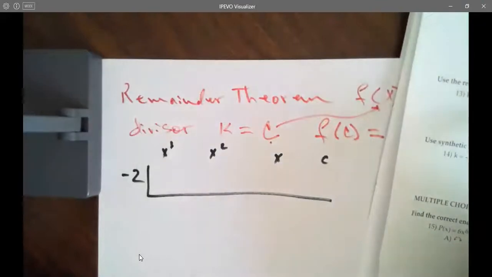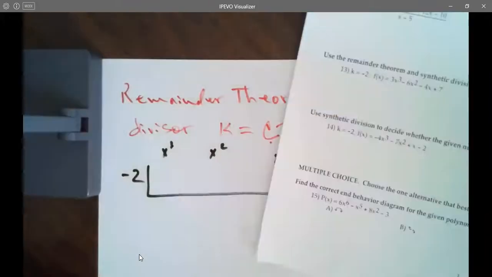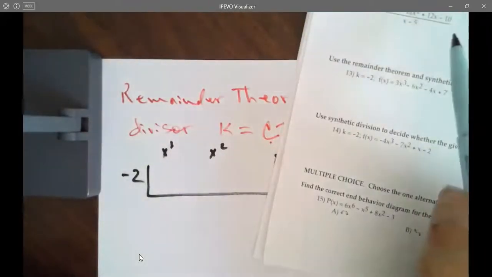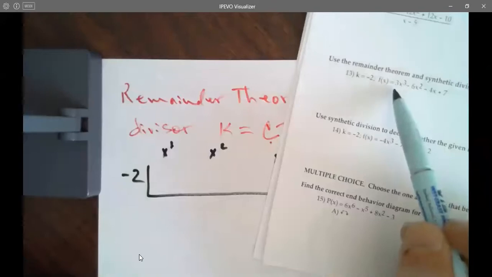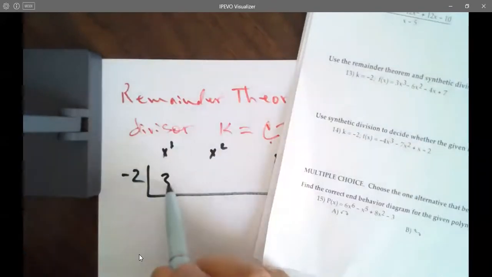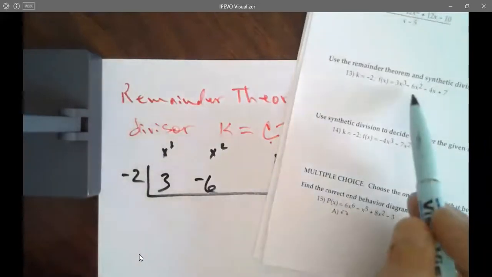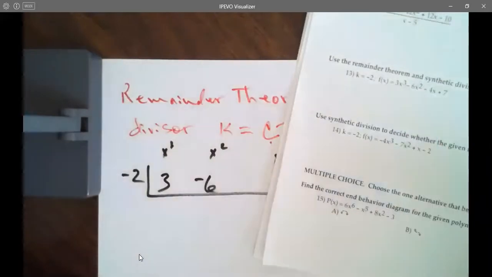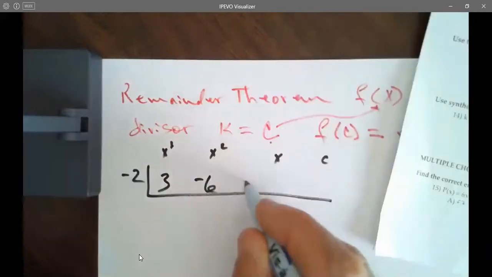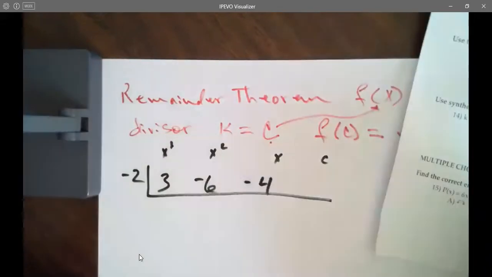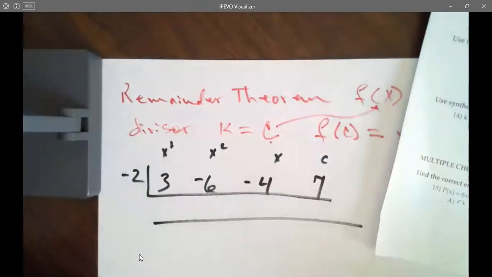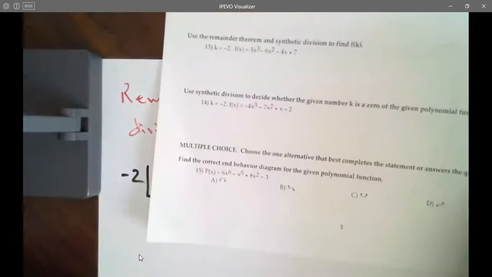You're going to use the coefficients. You put in the coefficients: 3 for x cubed, -6 is the coefficient of x squared, -4 is the coefficient for x, and then 7 is your constant. So you don't write out the whole polynomial like you would for long division.